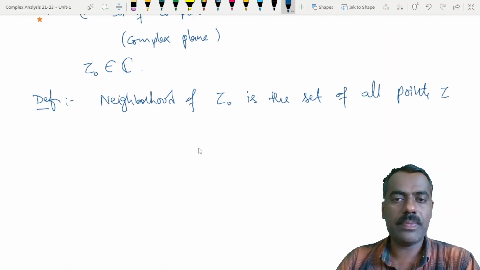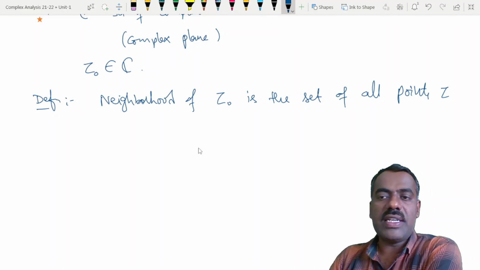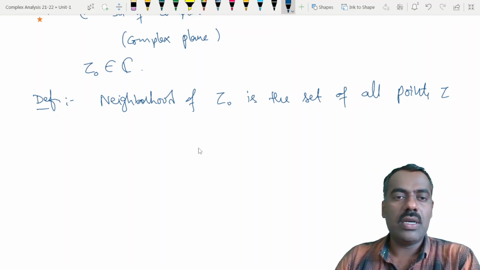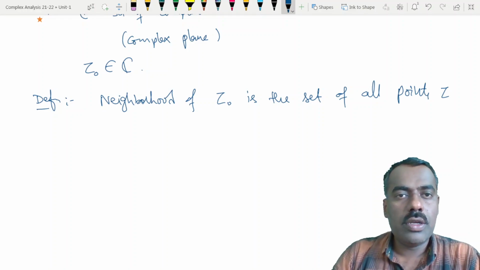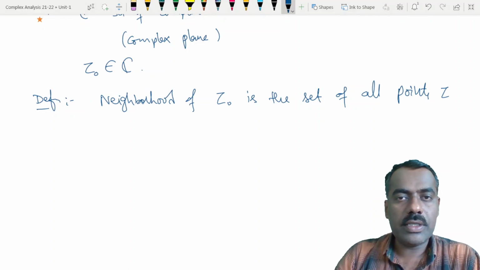z. You can call it here an epsilon neighborhood. We'll take epsilon greater than 0.